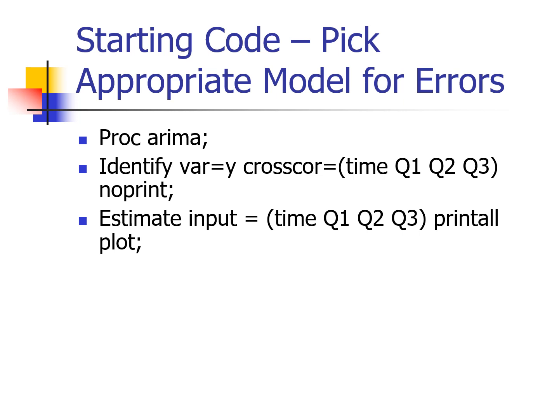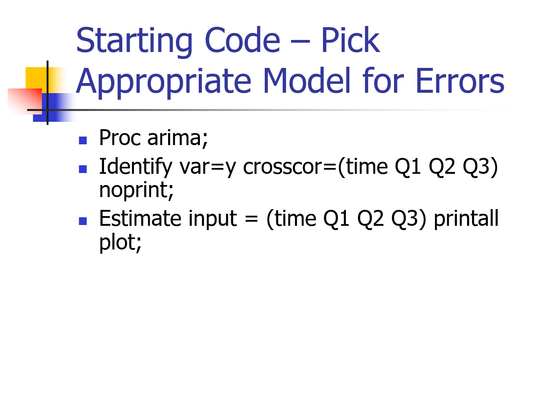So I do that in Proc Arima. In the identify statement, I have to identify my X variables. I identify those with the crosscor term. That crosscor term is basically just saying these are the X variables I'm going to be working with.